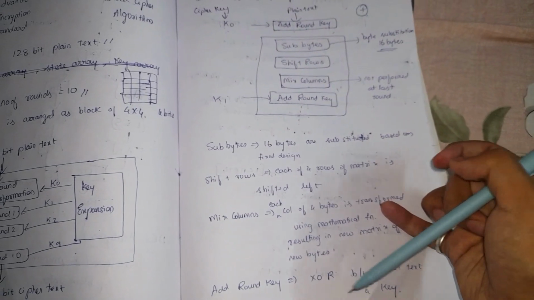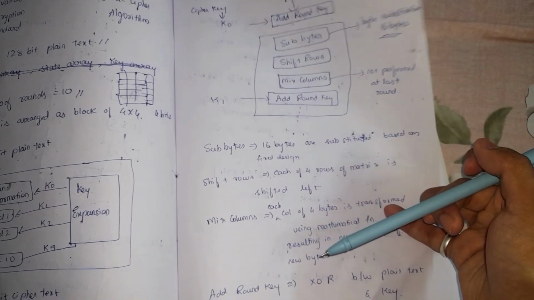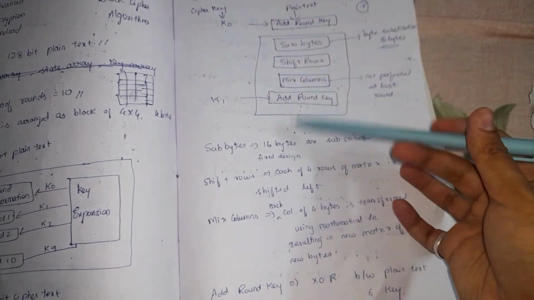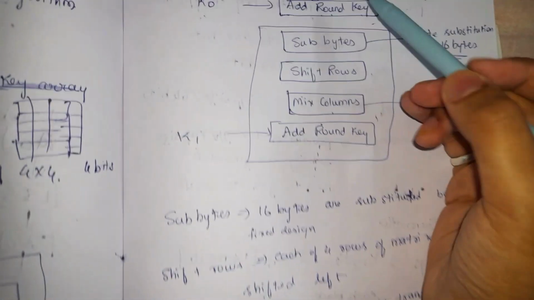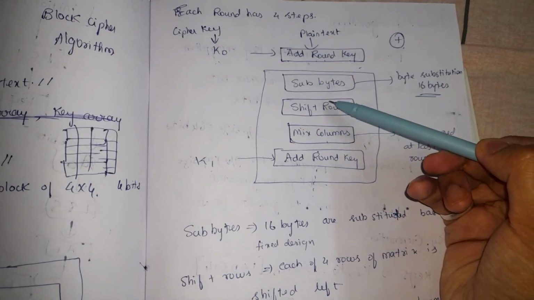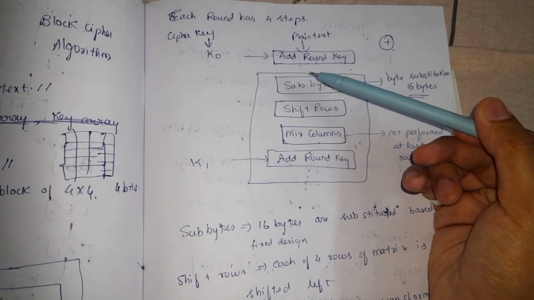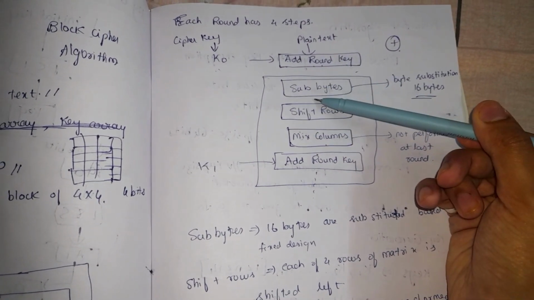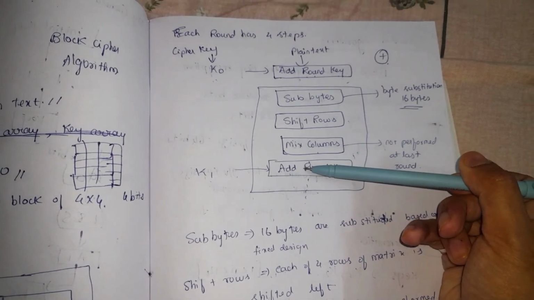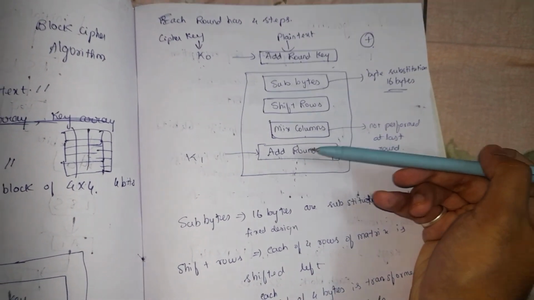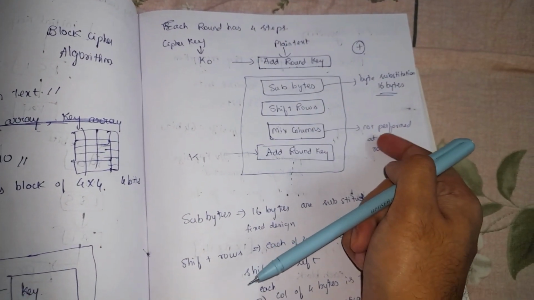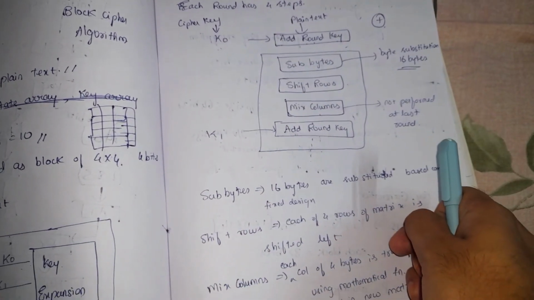As I said earlier, add round key is simply an XOR operation between the plain text and the key. At the end of every round, the plain text is transformed like this, and every time the resultant plain text is combined with a round key, meaning an XOR operation, and then passed on to the next round until the end.